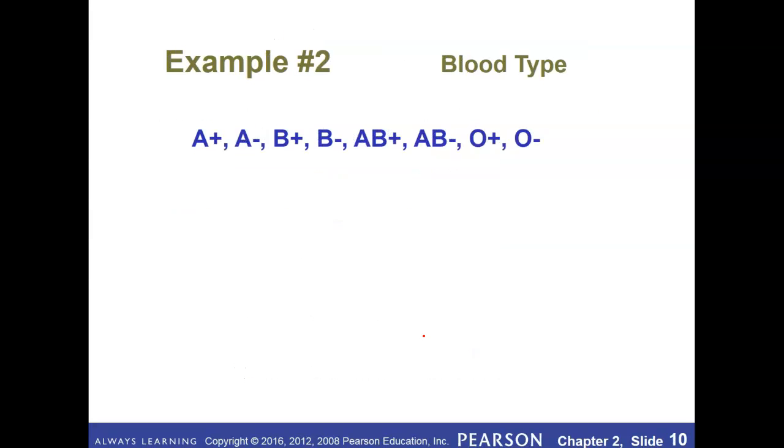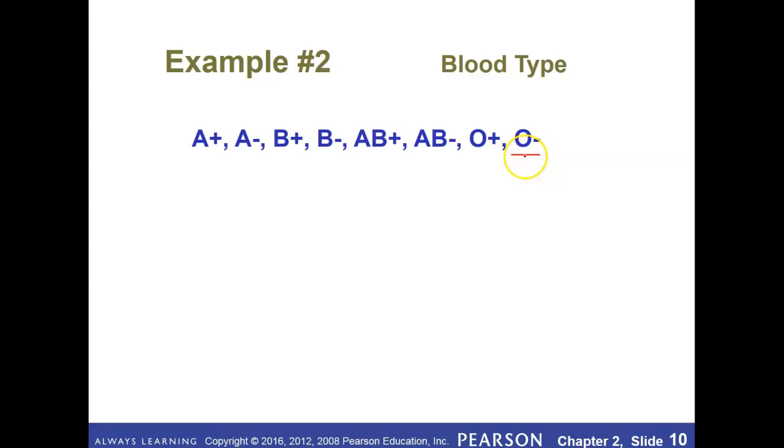All right, so take a look at blood type. I have an O negative blood type, but these are the 8 different types of blood types that each person has. A positive, A negative, B positive, B negative, and so on. O negative is considered the donor, so anybody can take O negative blood.